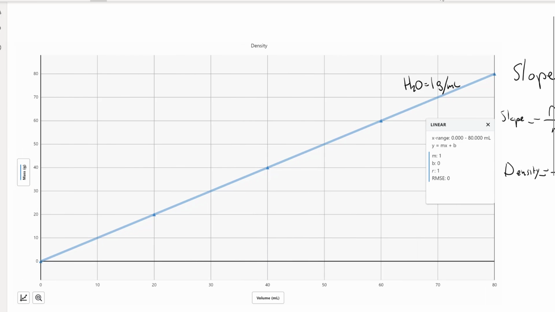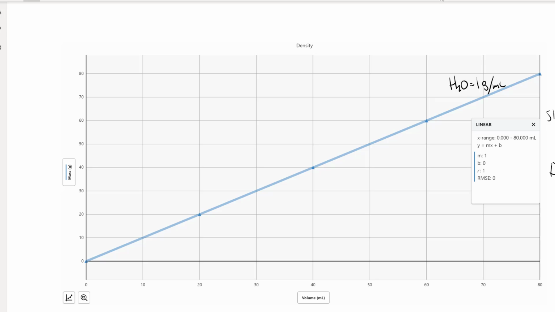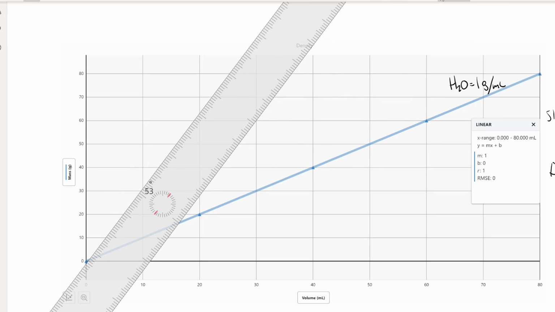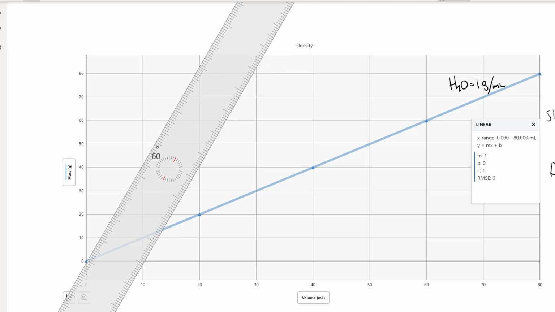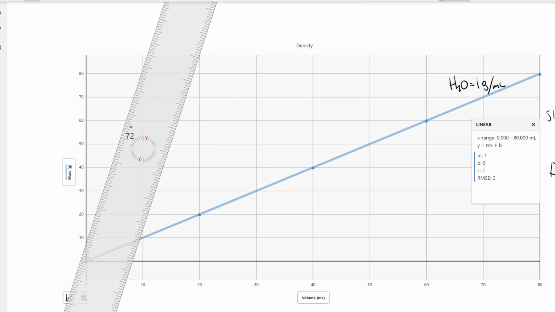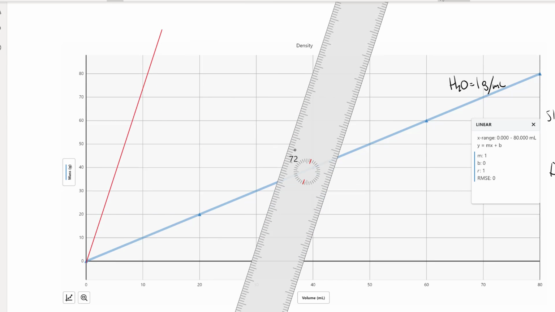Now, if we would have taken something else, for example, depending on which version of the density lab you did, brass. Brass would have graphed something similar to, let's say, right about there. This is brass.